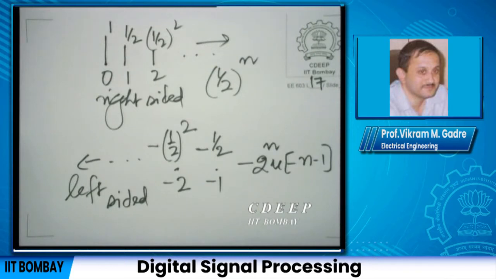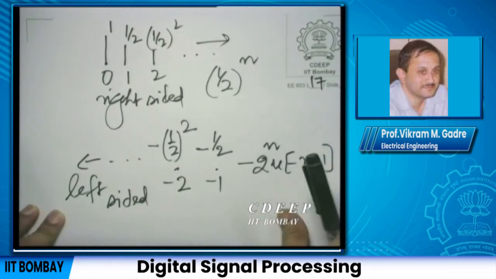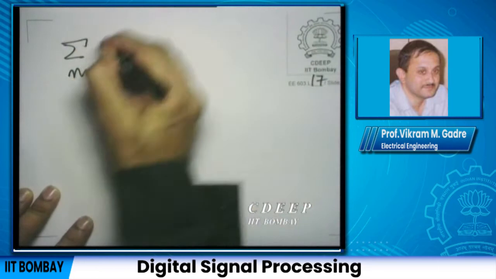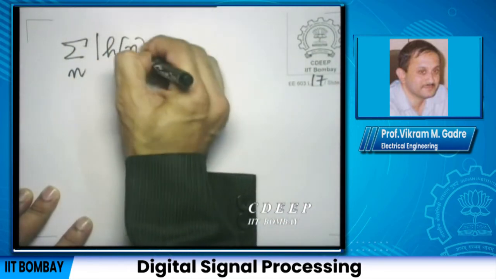And in fact, here we can find the absolute sum of the impulse response with great ease. We can easily see that the absolute sum is very easy to calculate.